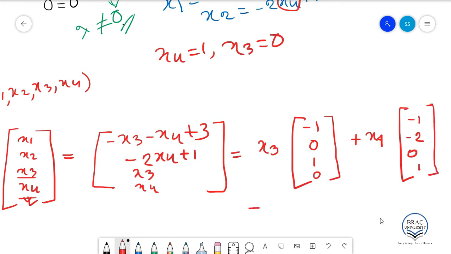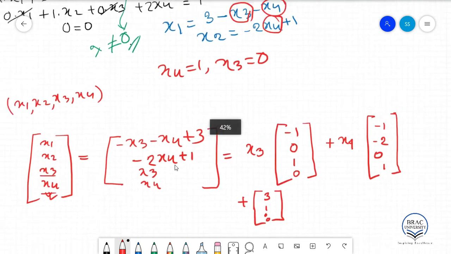So this is nothing but a decomposition. And finally we write the numerical part, 3, 1, 0, 0, detached. And as you can see, the whole solution is written in terms of x3 and x4.